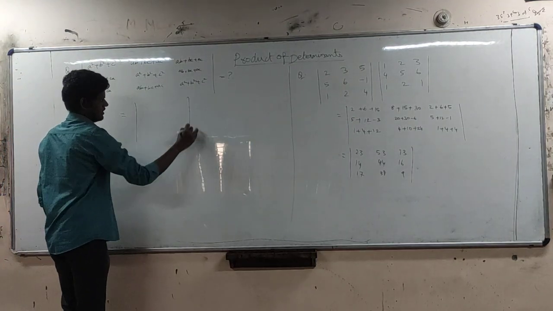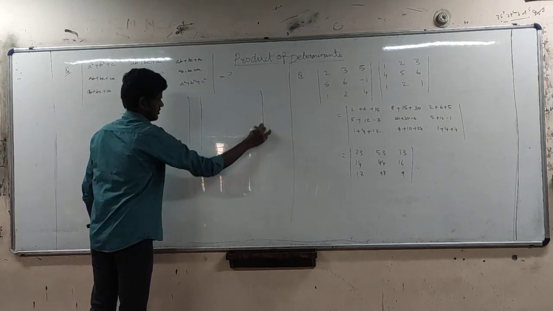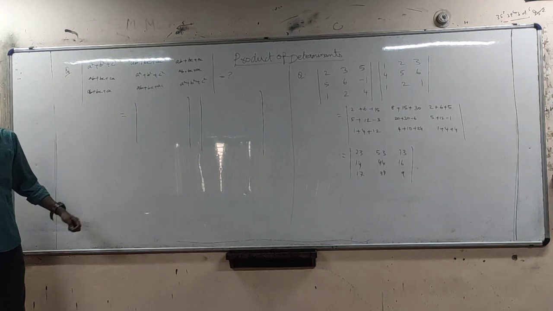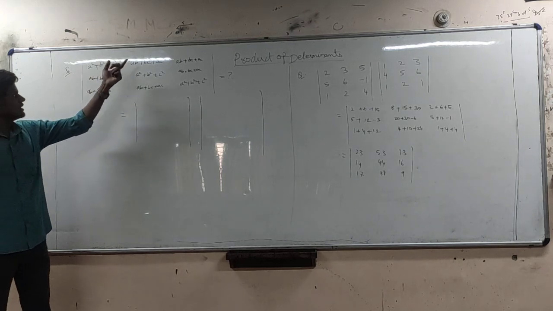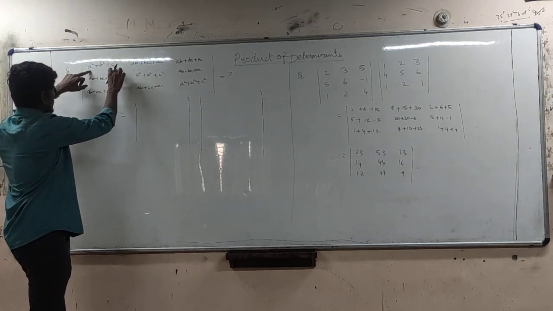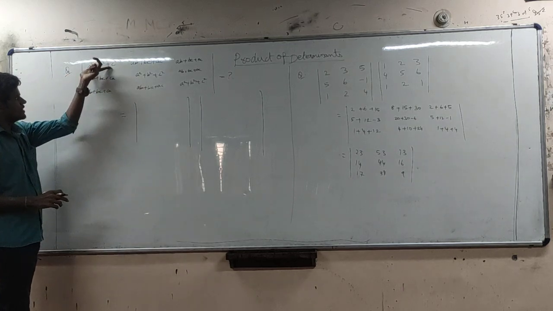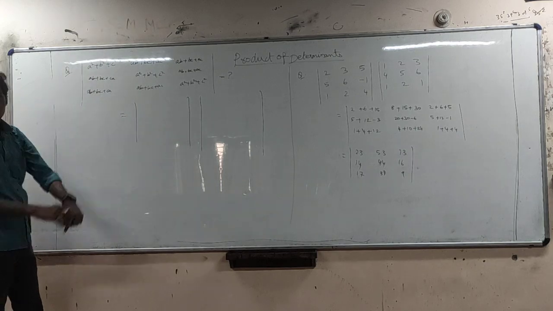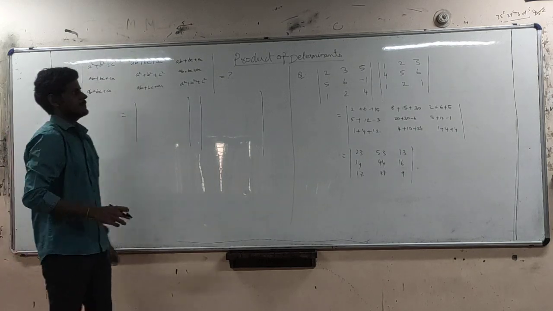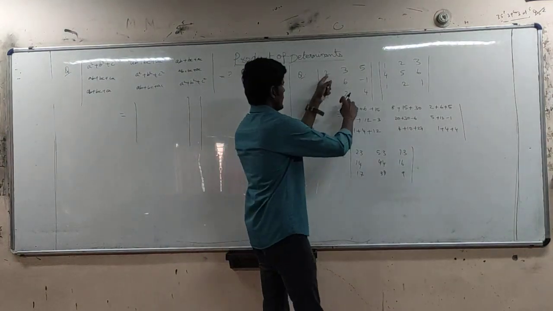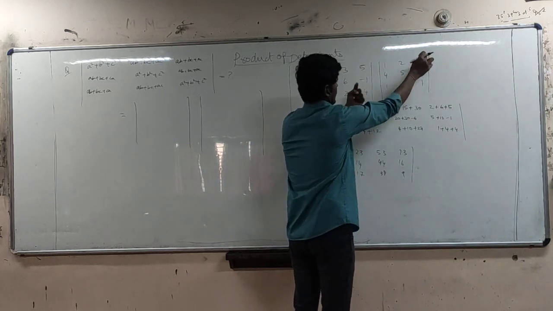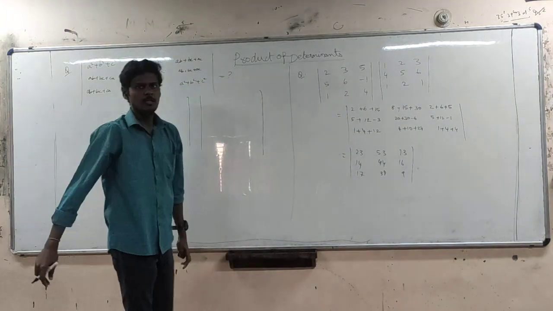So I am writing two determinants. What is this? A square plus b square plus c square. Here we have three terms, and how do we multiply in the determinant? Multiply first element with first element, second with second, and third with third, and add.